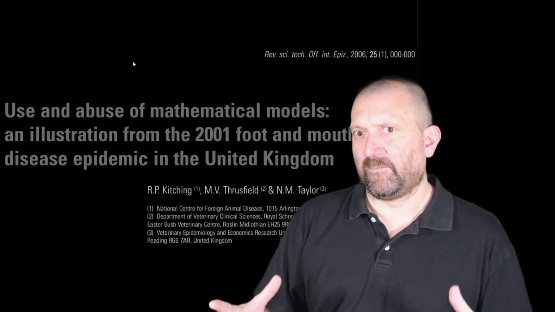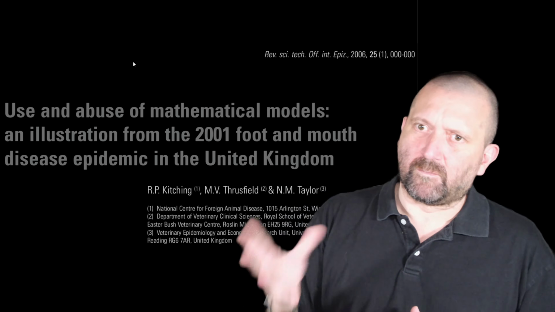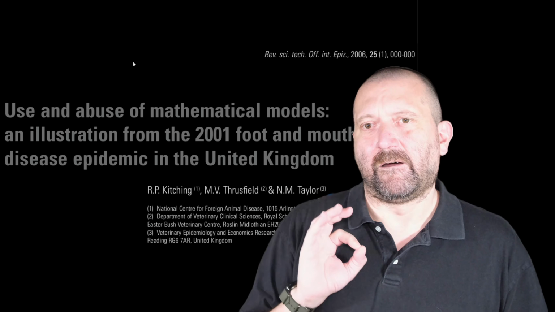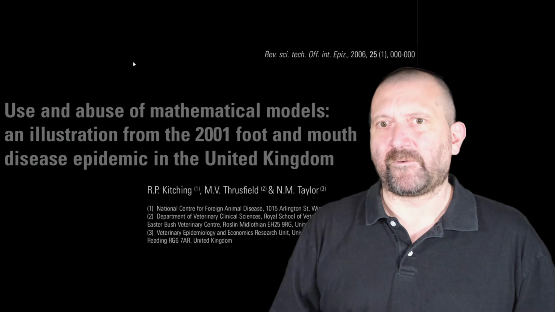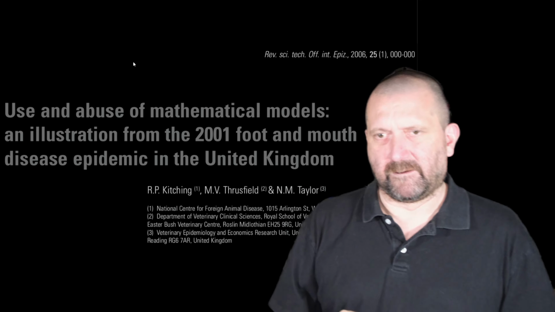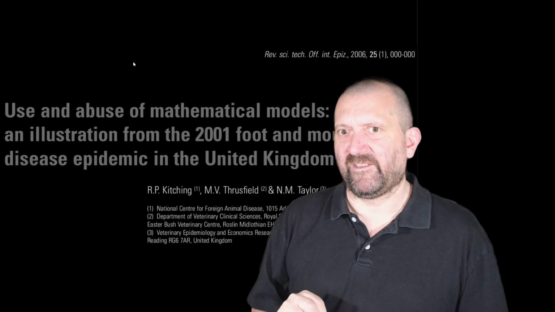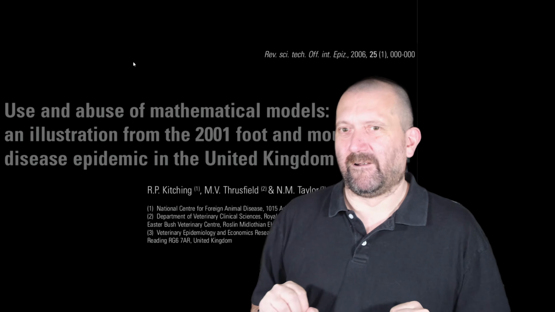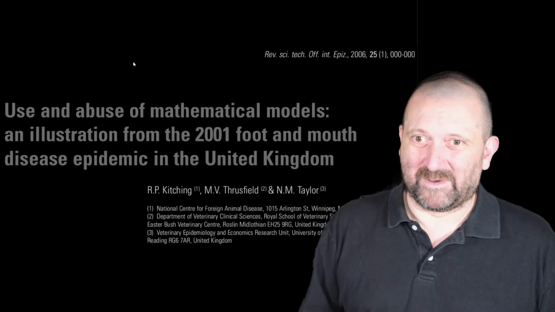So if you go back to one thing I was saying at the very beginning of this lecture, recall that there were about 6 million animals that were slaughtered in the UK to curb the spread of the disease, that was not received positively by some people.